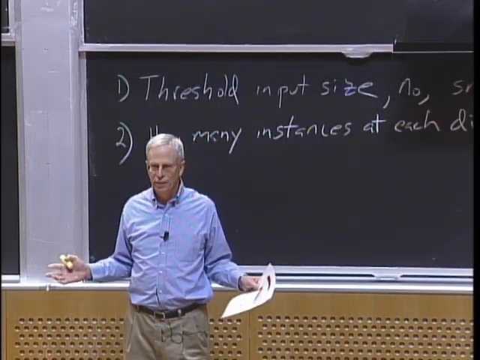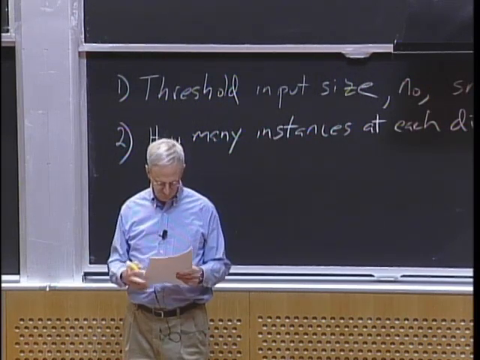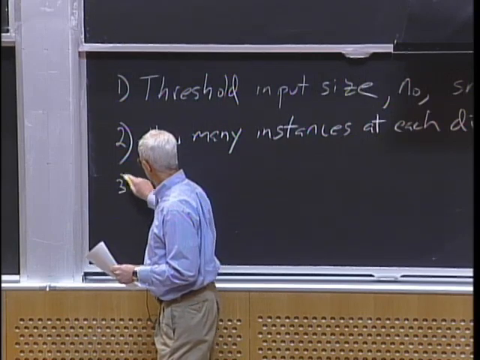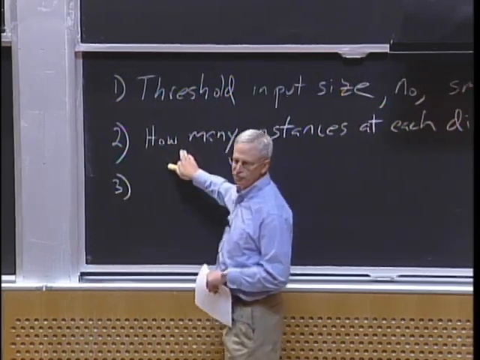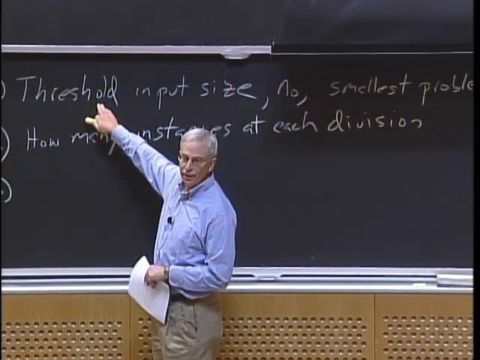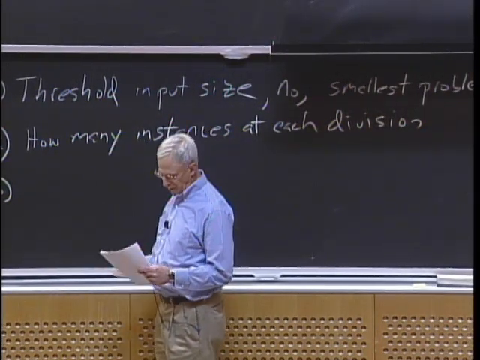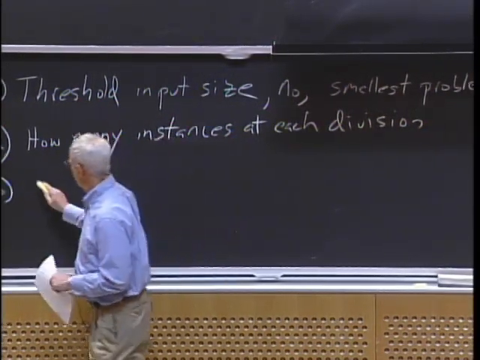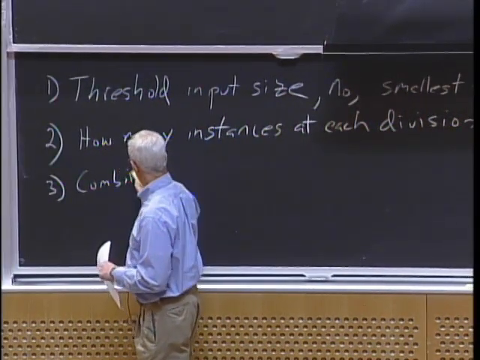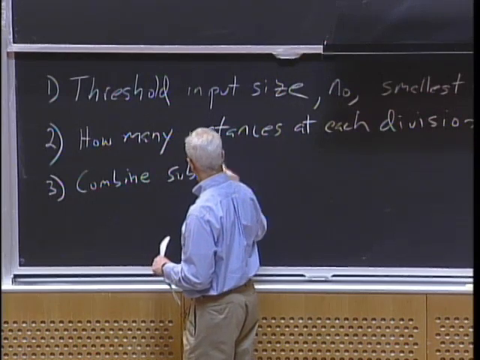How many are we going to divide it into? So we divide it into smaller problems until we reach the threshold where we can solve it directly. And then the third and most important part is we need some algorithm to combine the sub-solutions.